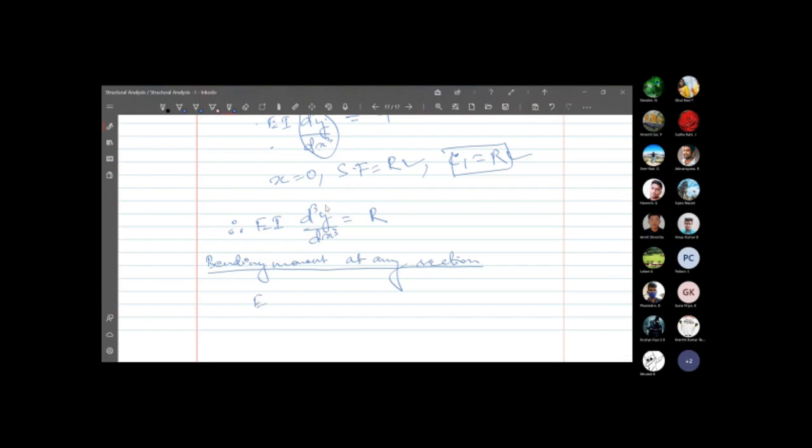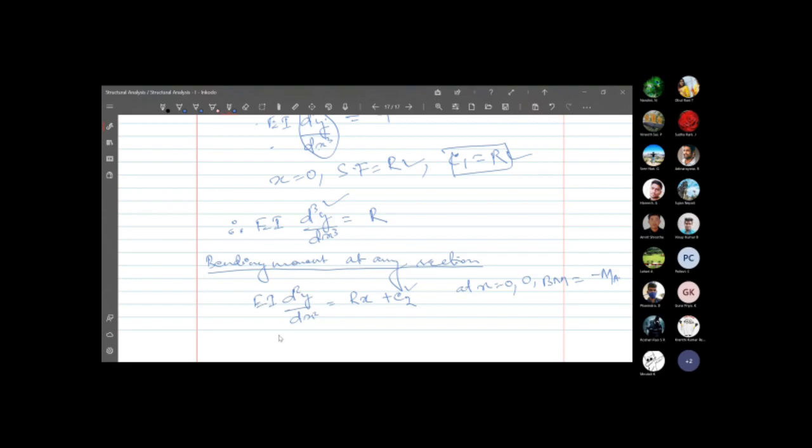So I'll simply integrate this one, EI into d square y by dx square equals to Rx plus C2. Okay, and where this C2 is the constant of integration. Now here at x equals to 0, the bending moment is minus MA.